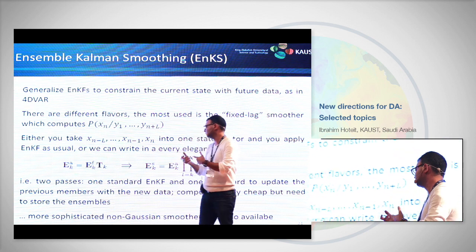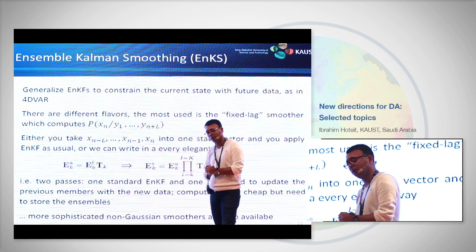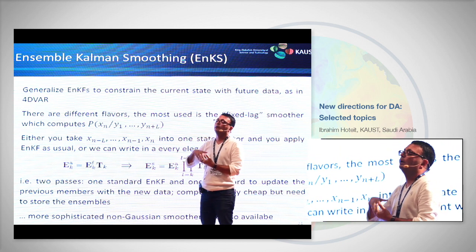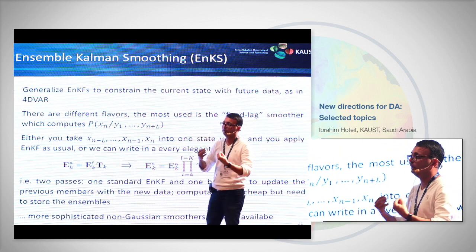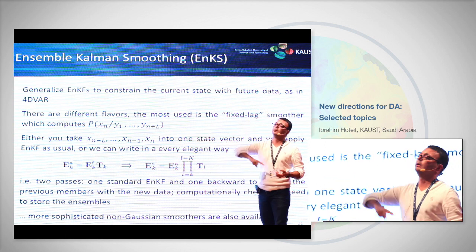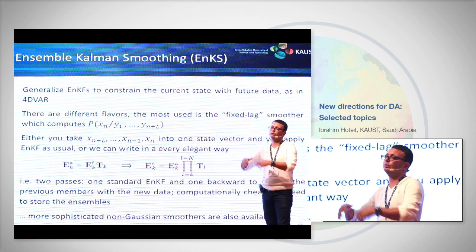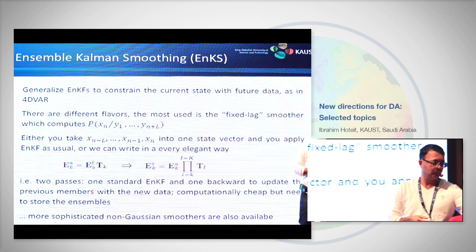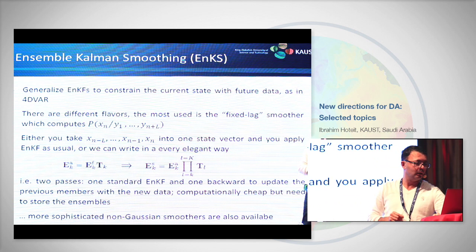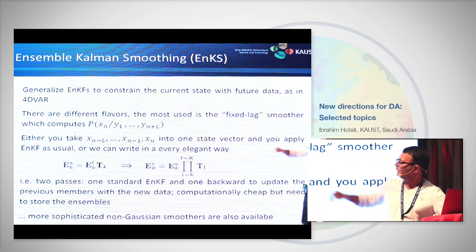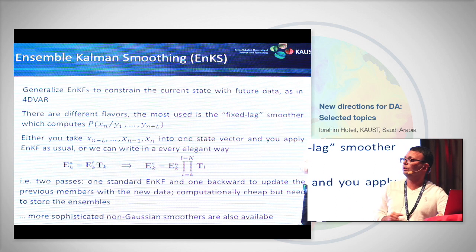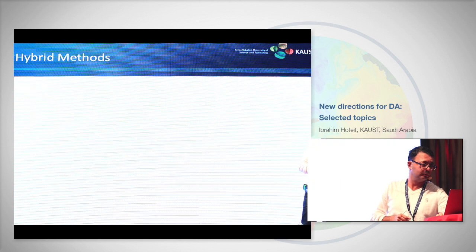Actually, what we show in the paper, which will show up in 2018 in Monthly Weather Review, is that it's not empirical, it's really Bayesian consistent. So you can go back and rerun, and you will get a better background to do the update. So it helps, and it's not empirical. Okay? This is the smoothing. This is only a slide. So if you are interested in doing reanalysis, you can apply this, and it's quite doable.